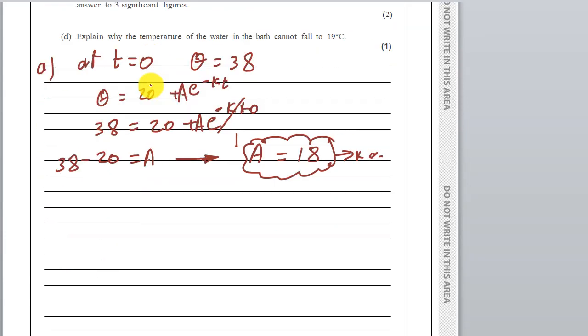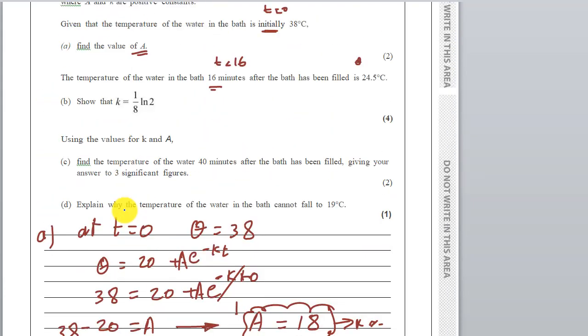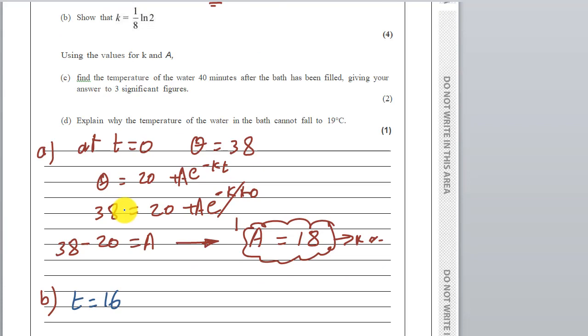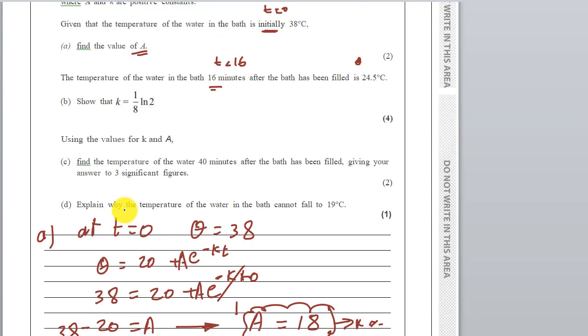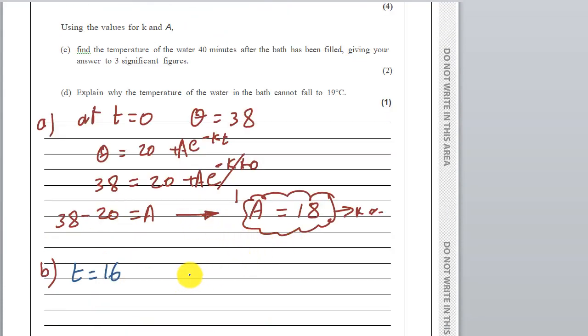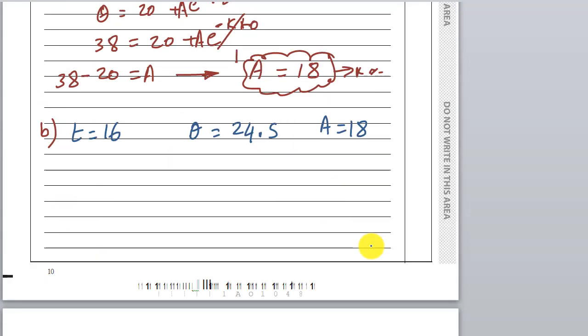So let us now go, this is B. We have t equal to 16, and theta equal to 24.5, and the A already calculated equal to 18.